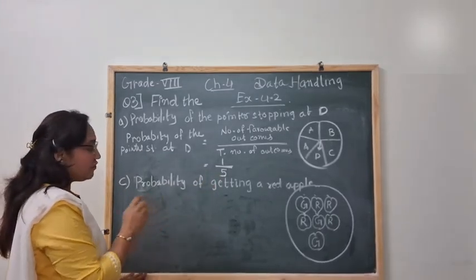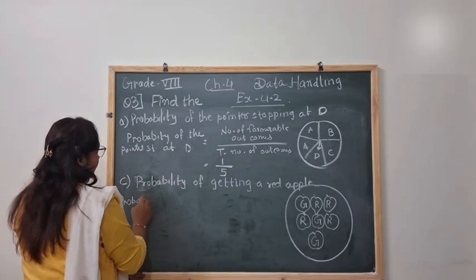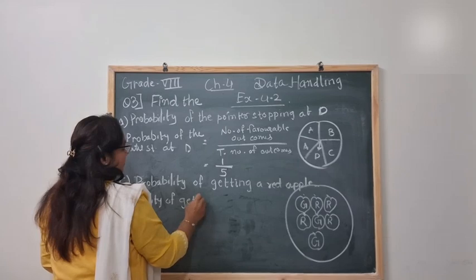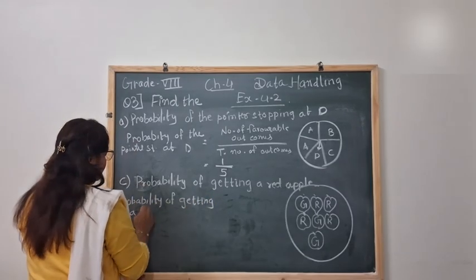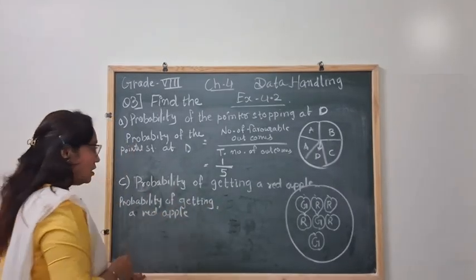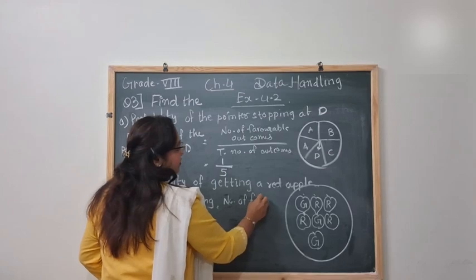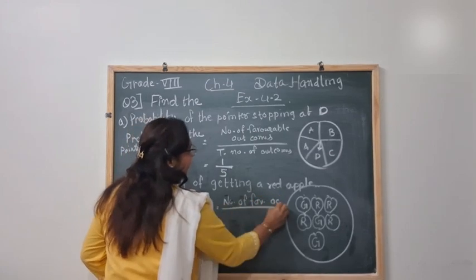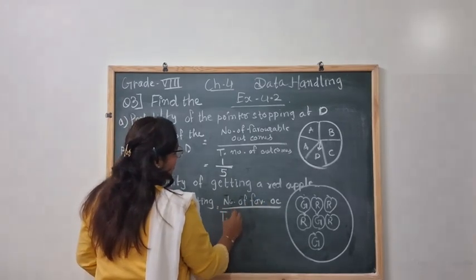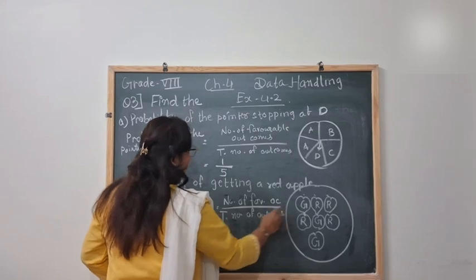In the same way, probability of getting a red apple is equal to number of favorable outcomes divided by total number of outcomes. You write in full form, students. I don't have space, that's why I'm writing in short. So here, what are the total number of outcomes?